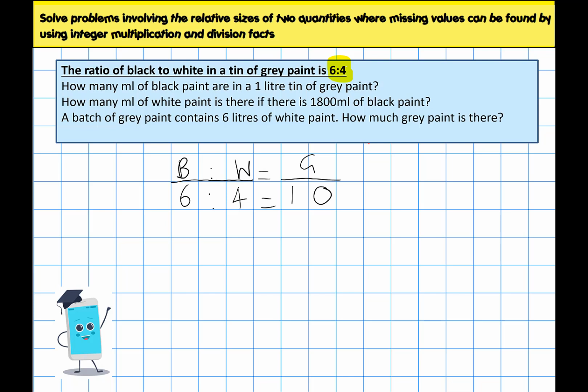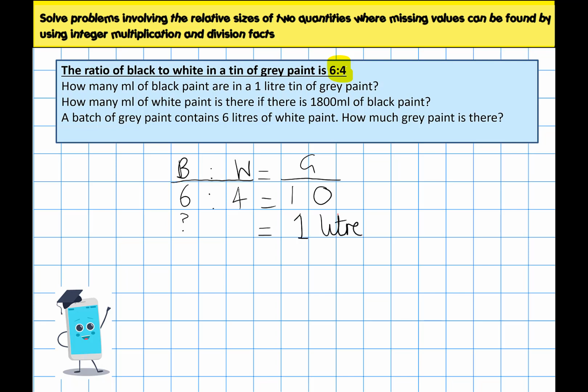Now, once you've done this, this is going to help you with each of your questions. Let's start with the first question. How many millilitres of black paint is in a 1 litre tin of grey paint?